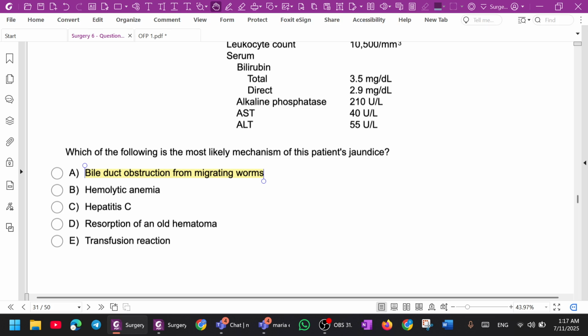What is it called? Ascaris lumbricoides. The lumbering tree man. This one is the most common worldwide. Large roundworm. Eggs are ingested, then larvae migrate to the lung, causing pneumonitis.